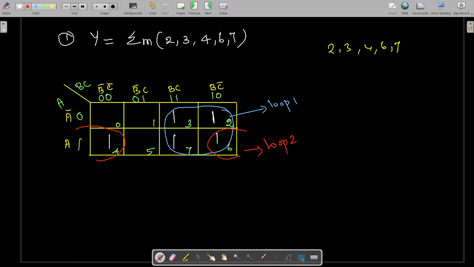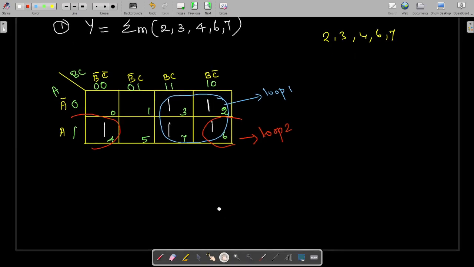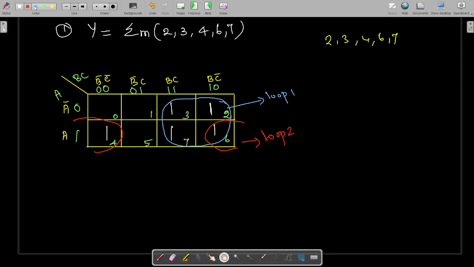Now I can write the expression for each loop. How do we write the expression for loop 1? It consists of these 4 ones. On the horizontal side, A bar and A are involved. We know that if one variable and its complement are both present, we can cancel them out, so it goes off.